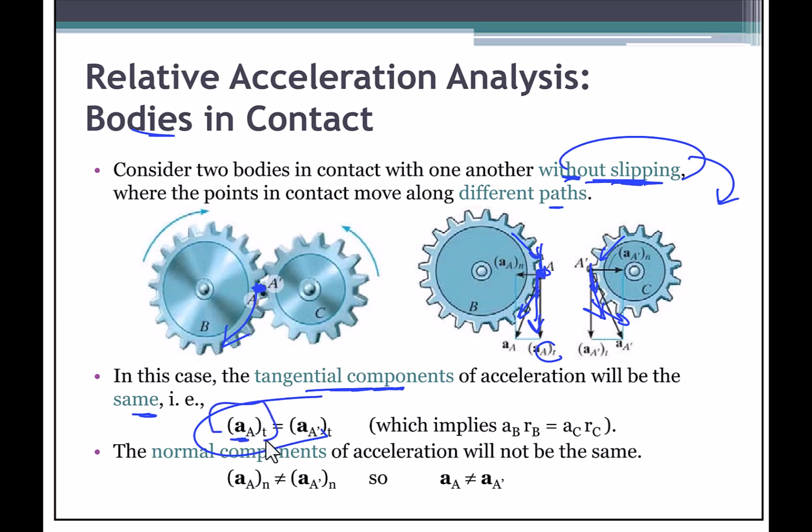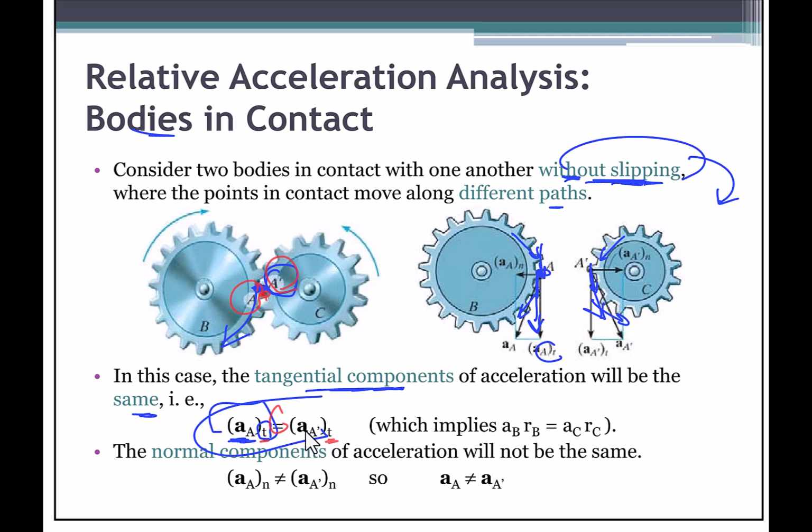meaning at point A, the point of contact, the tangential component of the acceleration is equal to that at point A prime, this tangential component of the acceleration. Let's use this: this is A and this is A prime, and at this point they have tangential components that are the same.